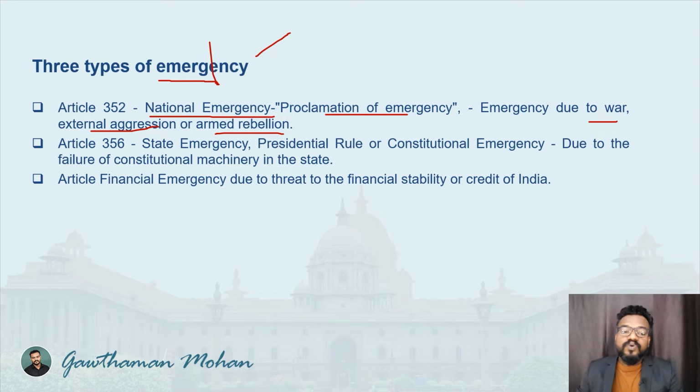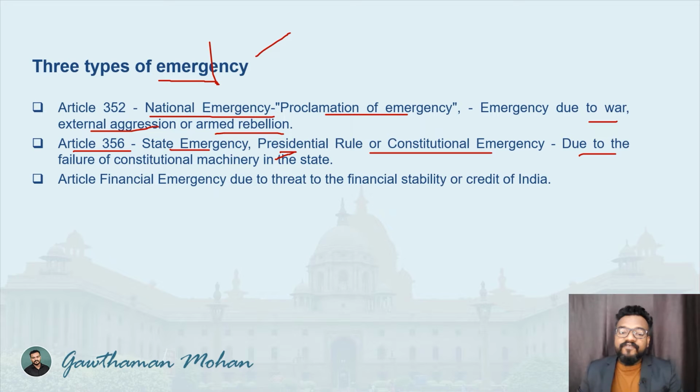Article 356 of the Constitution talks about the state emergency. State emergency is otherwise known as presidential rule or constitutional emergency. Very, very important. And what is the reason for declaring president's rule or a state emergency?